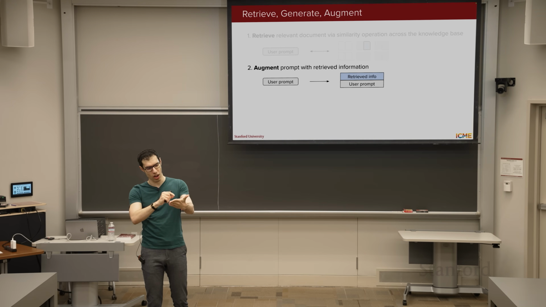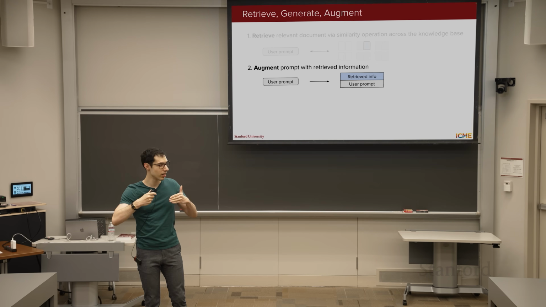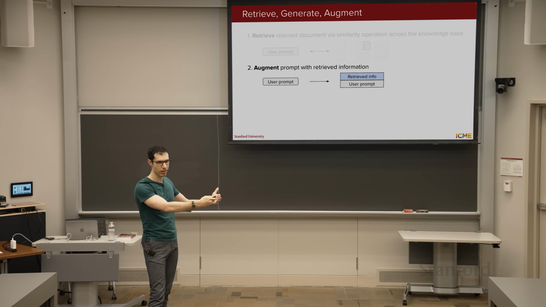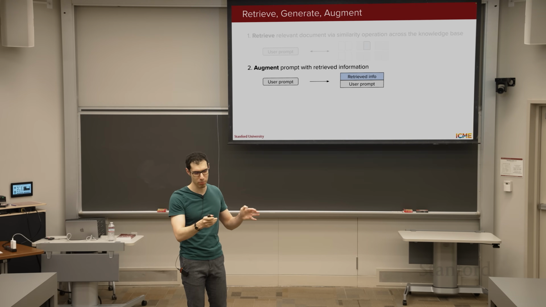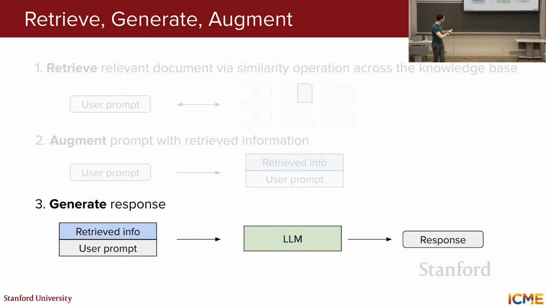And by the way, this election was held, blah, blah, blah, and this was the winner. This is what we're feeding to our LLM. In other words, we're giving the answer in the prompt. The third step is to feed that prompt to the LLM to generate the response.